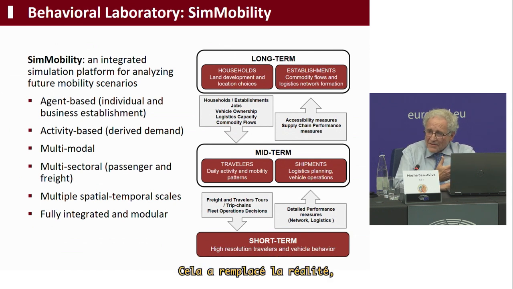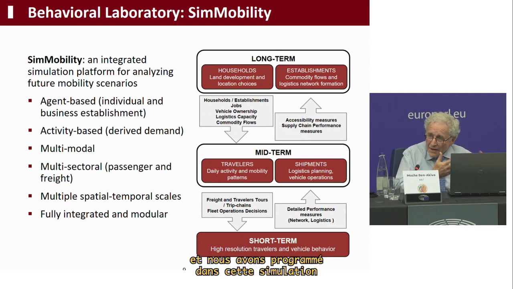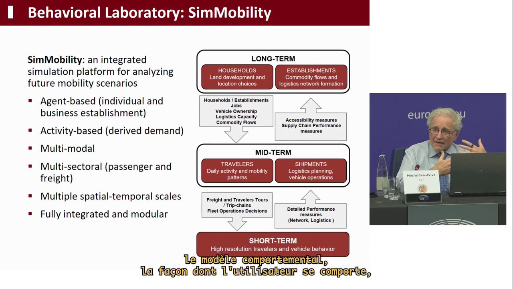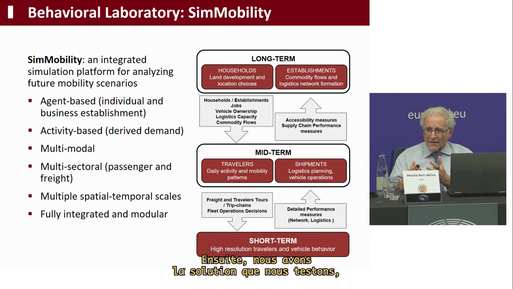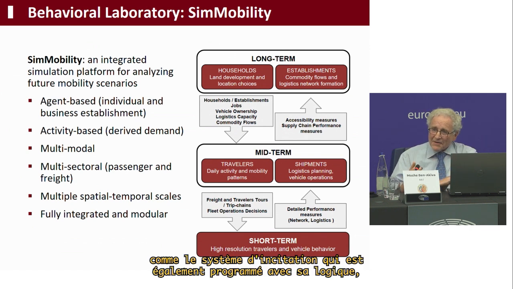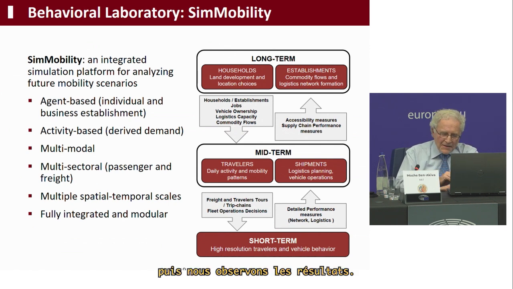It replaces reality, and we program into this simulation the behavioral model, how the user behaves. We have different agents, and the solution that we are testing, like the incentive system and its logic, is also programmed, and then we observe the outcome.